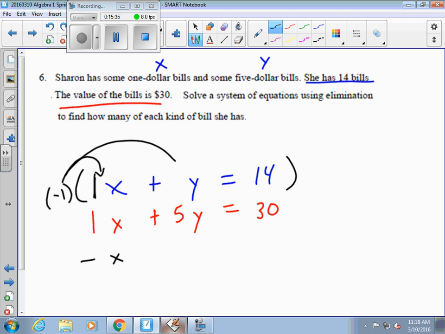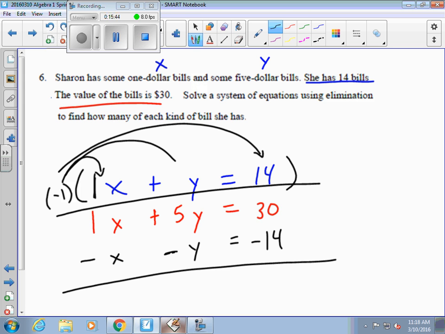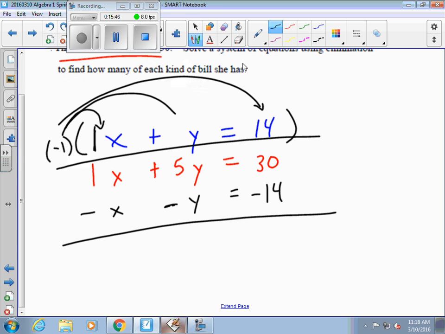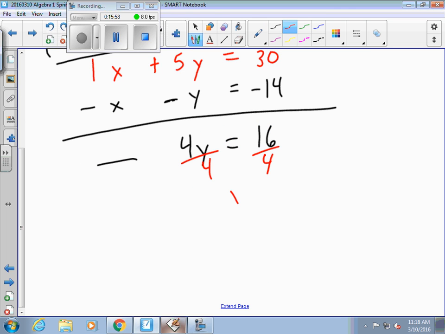That times this is negative 1y. And that times this is negative 14. When we combine those two equations now, 1x minus x, they go away. No more x's. 5y minus y, 4y. 30 minus 14, 16. Divide by 4 to get y by itself. Y then is equal to 4.